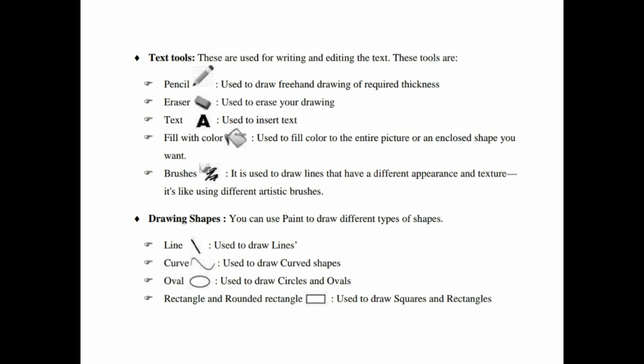If you want to draw any curve, then you have to use the curve shape. If you want to draw circles, ovals, and so on, you have to use the oval shape. Paint also provides rectangle and square shapes. So these are the drawing shapes.